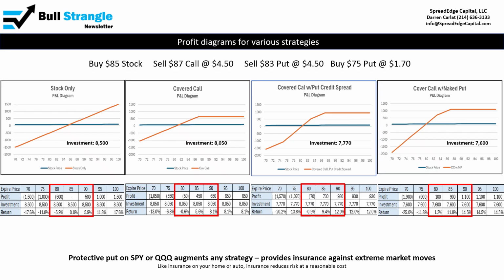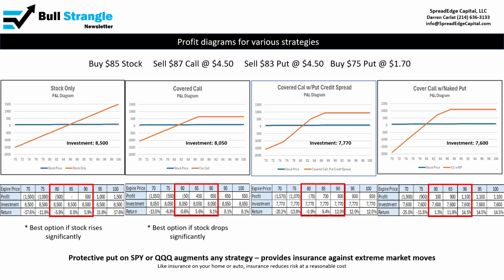This slide now summarizes the three scenarios that we just reviewed along with the stock-only P&L diagram. As you can see across the bottom, these are the same tables that I had on each of those. But the thing I want to point out is how these perform in different environments, I guess, or in different outcomes. So the stock-only is absolutely the best option if the stock rises significantly. And of course, this is the case because you're not capping the gains at all. The covered call is your best option if the stock drops significantly.